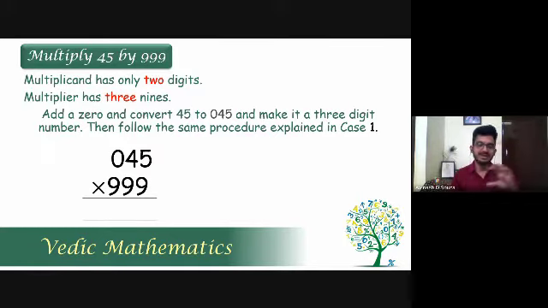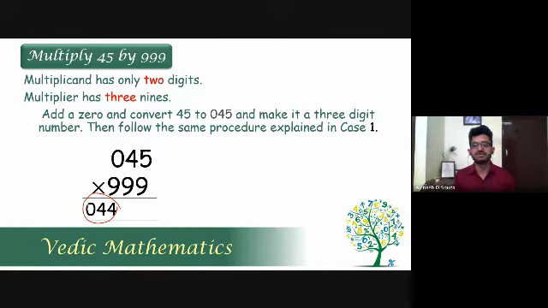To obtain the left hand part of the answer, you consider the multiplicand and subtract 1 from it. That gives you 044, which is nothing but 44. The reason I asked you to write that 0 is that if you don't write it, you may go wrong in finding the right part of the answer. And how do we find the right part? If you remember case 1, you consider the left part of the answer and subtract each of its digits from 9.